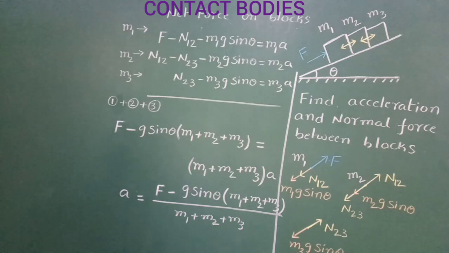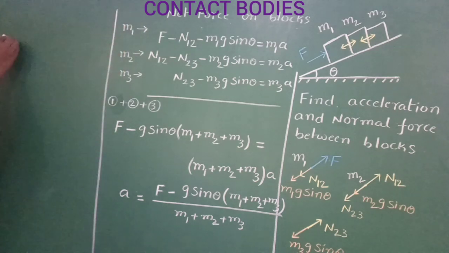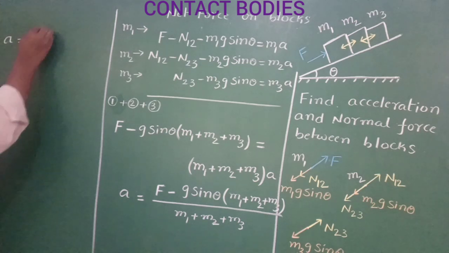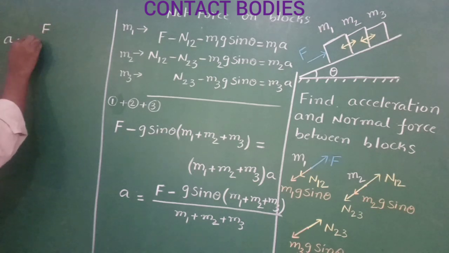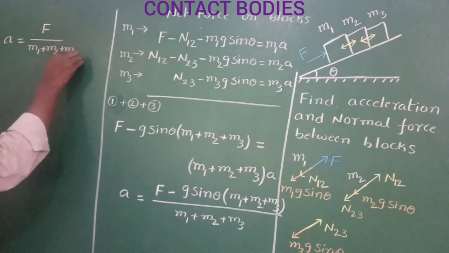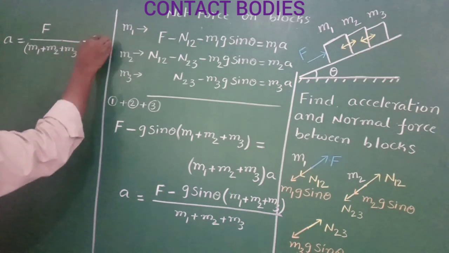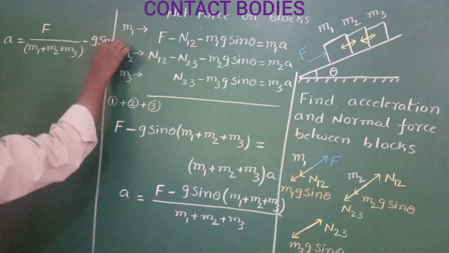If you write it as a fraction, then finally we get acceleration a is equal to F by m1 plus m2 plus m3 minus g sin theta.